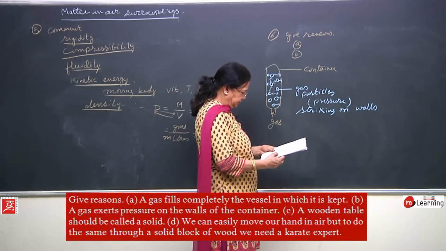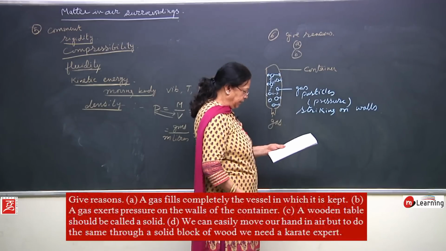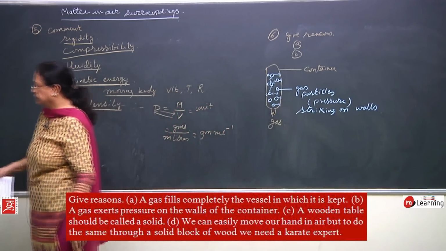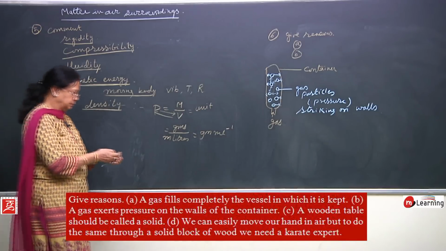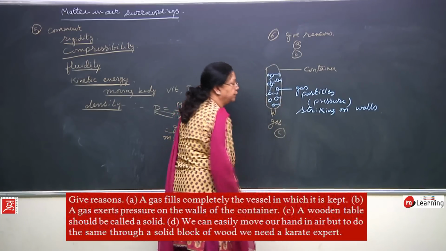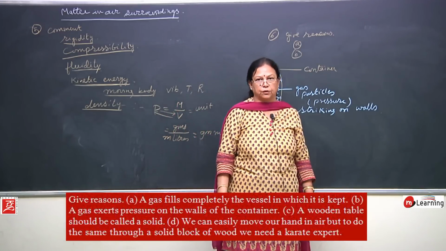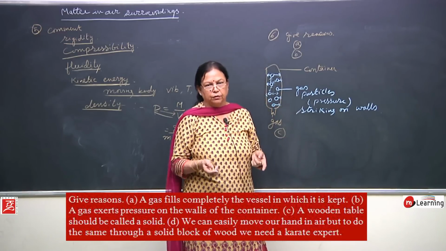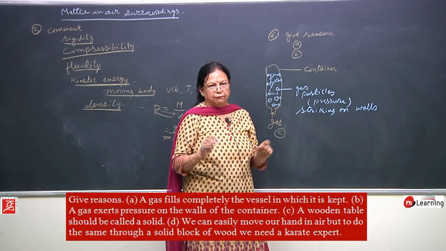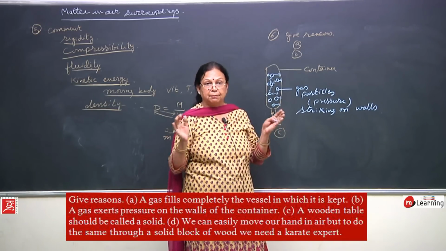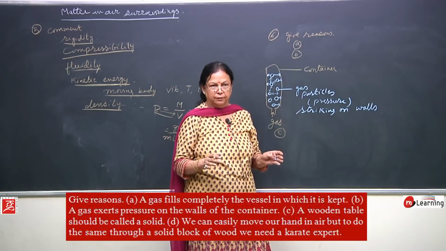Then next is C, a wooden table should be called a solid. All of you have seen a table at your home, in your class, everywhere, right? Why do we call it a solid? Because it has a particular shape.